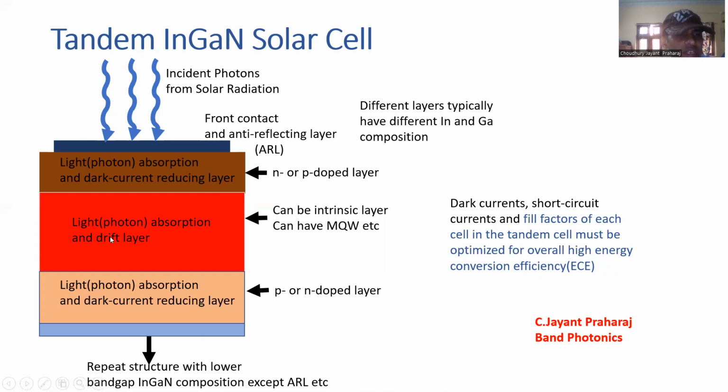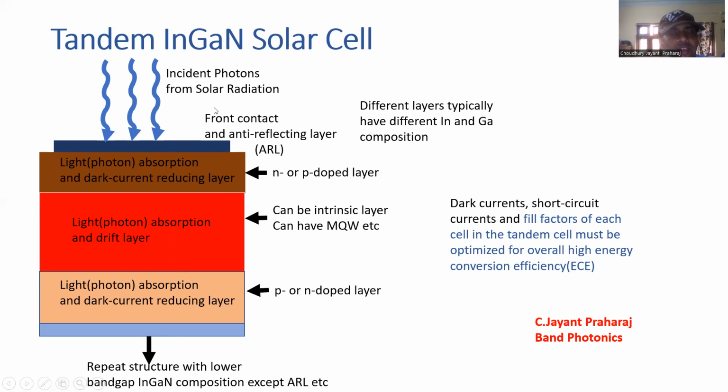So we show here there is a major light photon absorption layer and a drift layer, and then the dark-reducing layers, and then the front contact TCO and anti-reflective layers. But then we repeat this structure with another indium gallium nitride composition, and then another, and then we have 3 or 4 of these subcells in series. So that is the tandem concept.